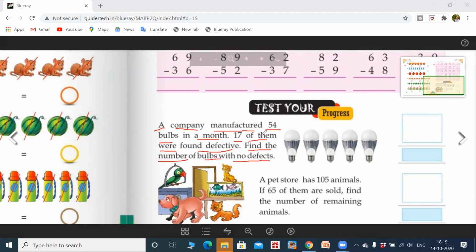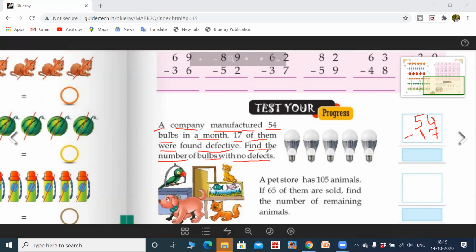So the total number of bulbs is 54. So 54 you write here. And the number of defective bulbs you remove. So 17 bulbs are defective.